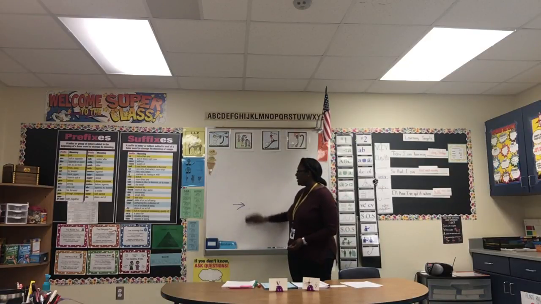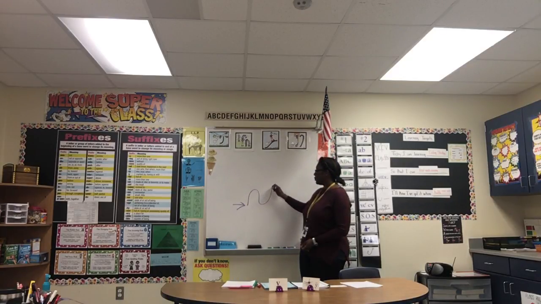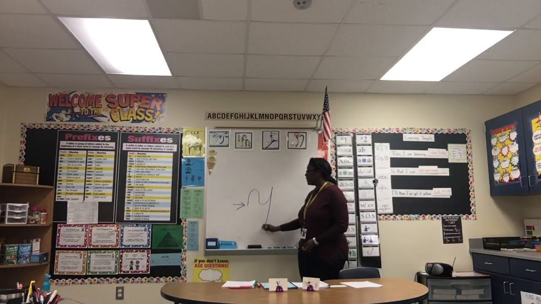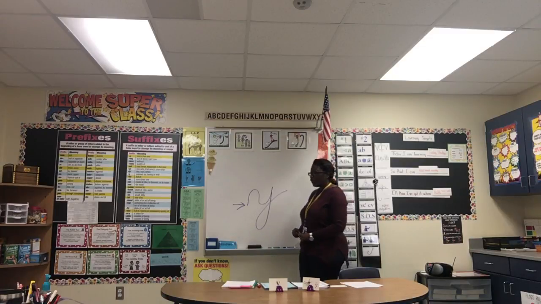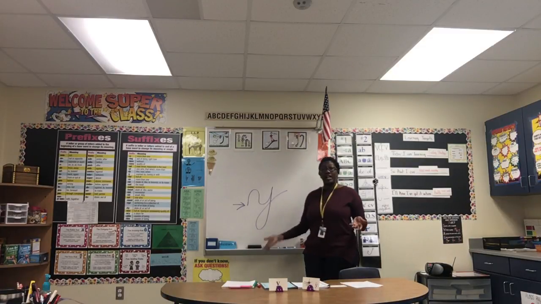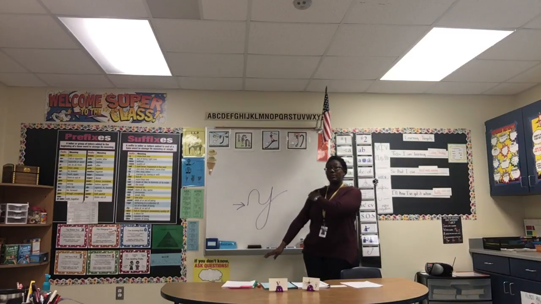I'm going to erase and make a better cursive Y. This is for you to practice your cursive. So you're going to push up and over, swing up, stop, pull down, release, Y. So you're going to practice this. We also like to practice using our arms and skywriting for our memory muscle.